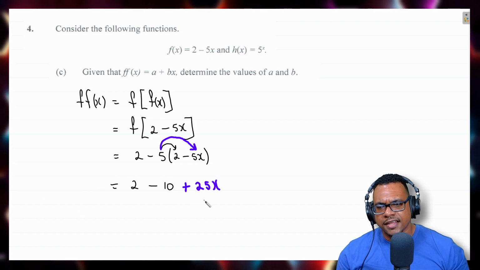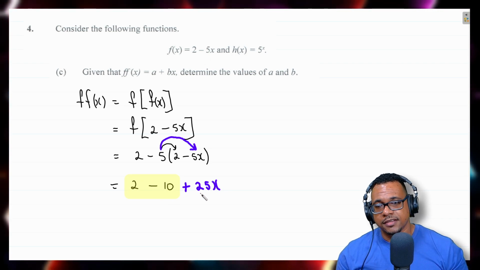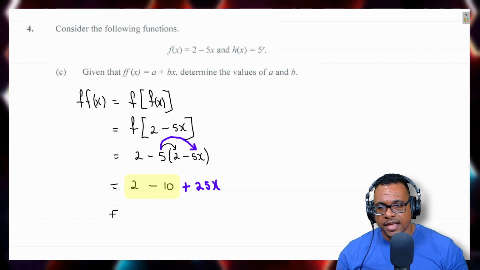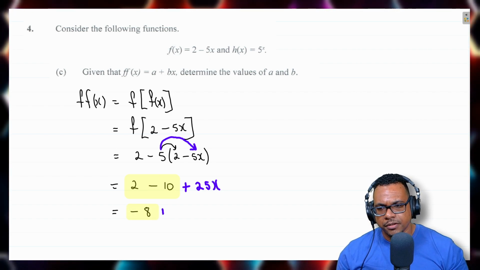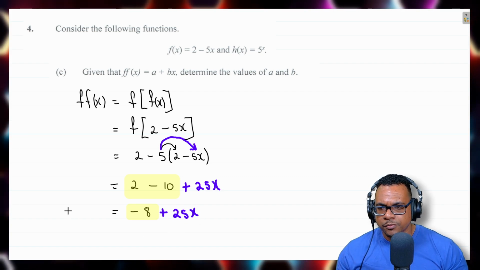Now we can see that the 2 and the negative 10 are our like terms, and this 25x is by itself. So 2 take away 10 is negative 8. So we're going to have negative 8 plus 25x.